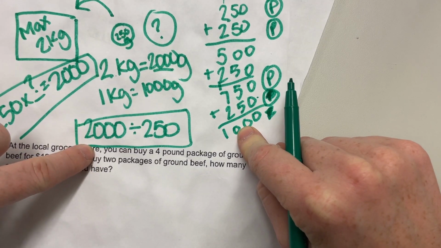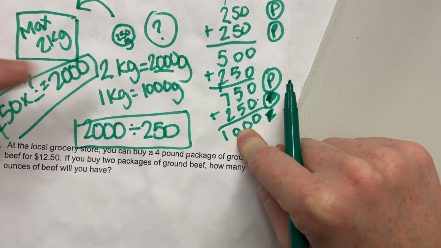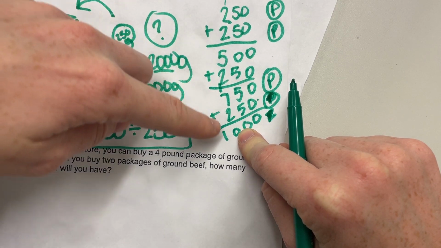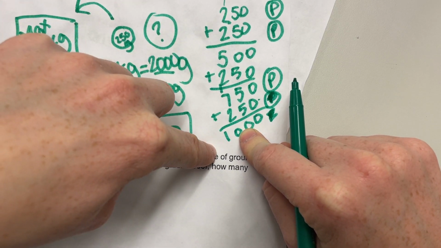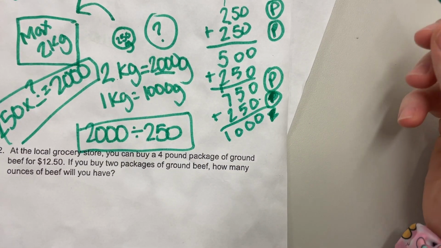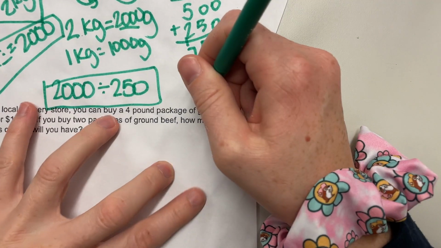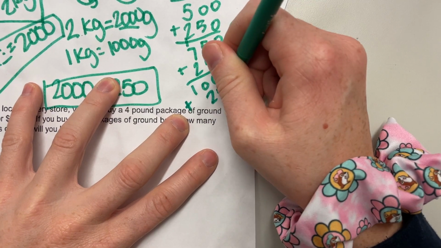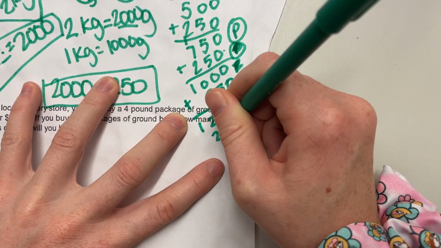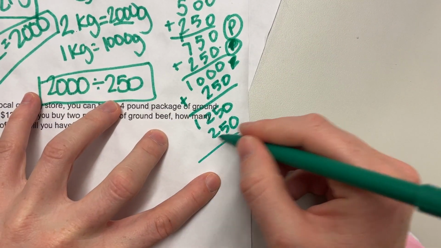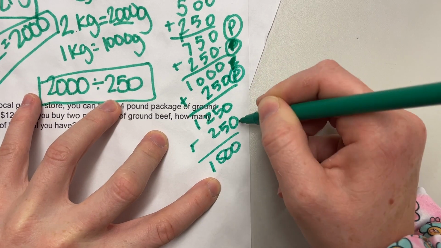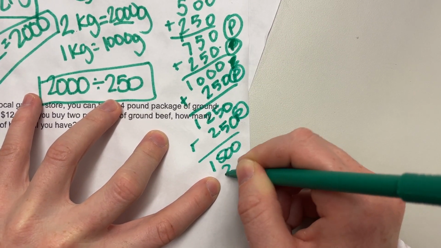I'm going to 2,000. So I know if I go another 4, I'm going to get another 1,000. And then I'm going to add them together and I'll get 8. So I'm going to keep going. So another P right there, another P right there.